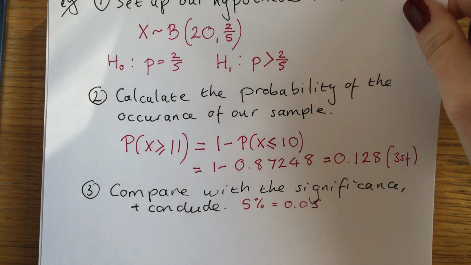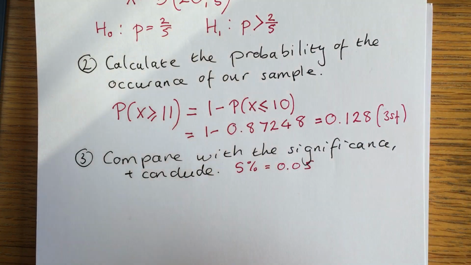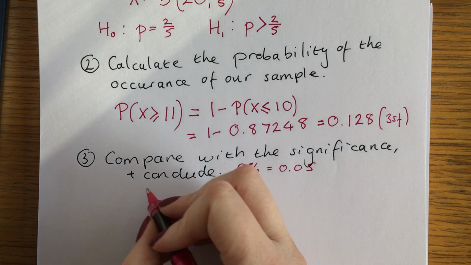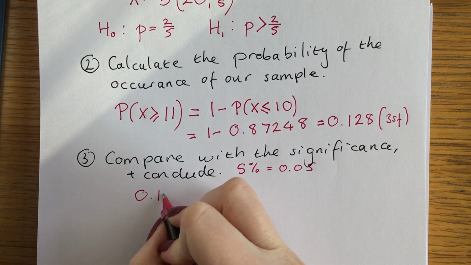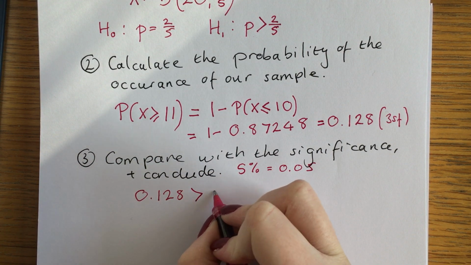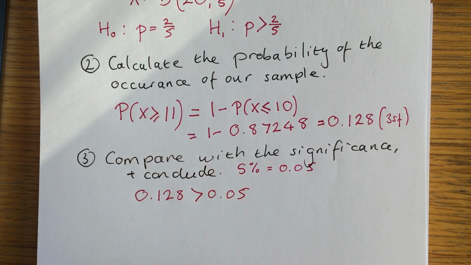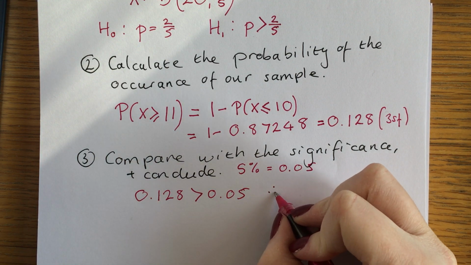And I'm just going to move that up so you can still see our hypotheses rather than my first steps. So 0.128 is larger than 0.05. So the likelihood of getting 11 or more has around a 12.8% chance of happening. This is greater than 5%.